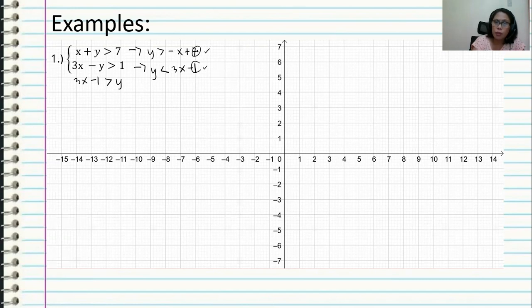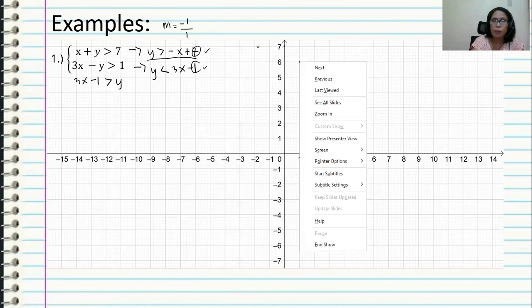For example, we have (0, 7) here, and then we're going to consider the slope of the first inequality, which is equal to the coefficient of x, -1, and this is equal to -1 over 1. So we will move down by 1 unit from this point and run by 1 unit to the right. So if we move down by 1 and then run by 1, we have this point already.